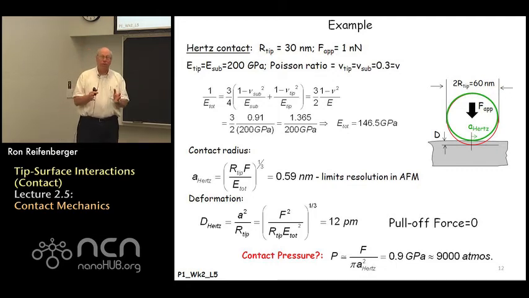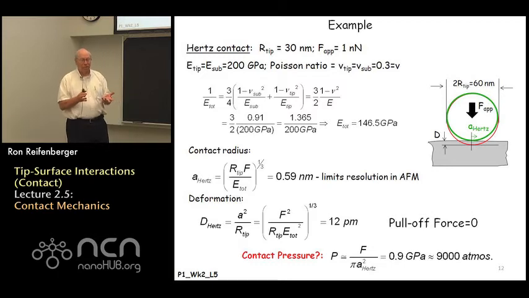You can take the formulas in the equation in the table that I gave in the previous slide. You can evaluate that for, let's say, the contact radius. So you can find that in this particular case, the contact radius is only about 0.6 nanometers, not very big at all. It's atomic dimensions. And of course, this prediction will always limit the lateral resolution in atomic force microscopy, right?